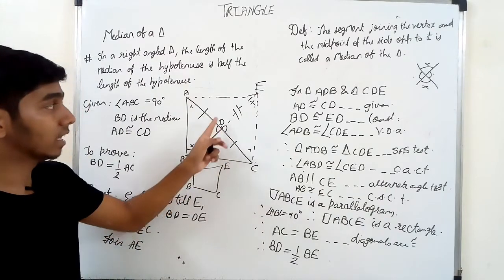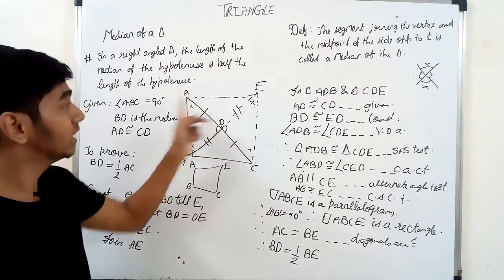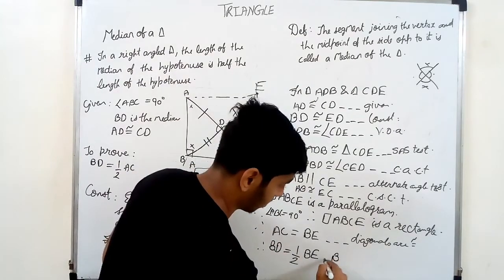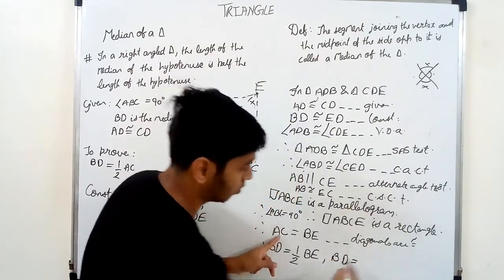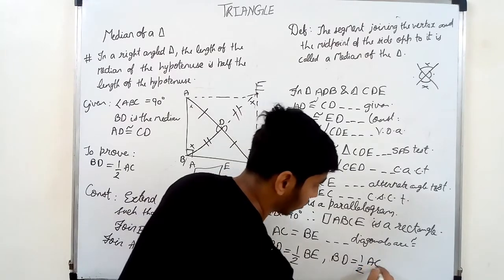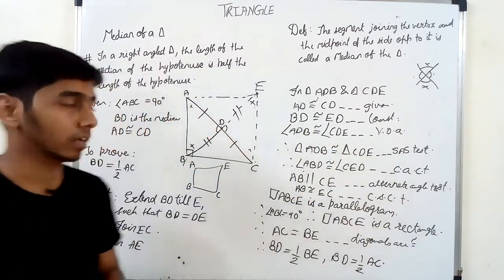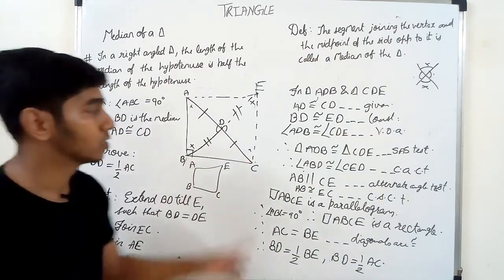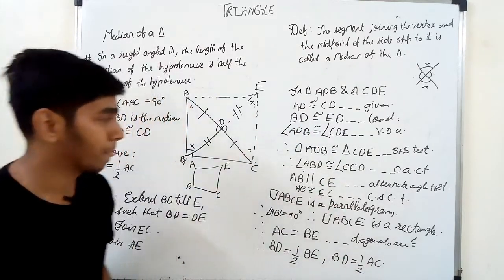Now BD is equal to half of BE, but BE is equal to AC. Therefore, we can say BD is equal to half of AC. Correct? So this is the proof we got here. Okay, so I hope you have understood this.